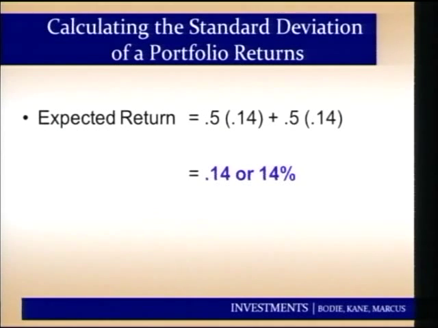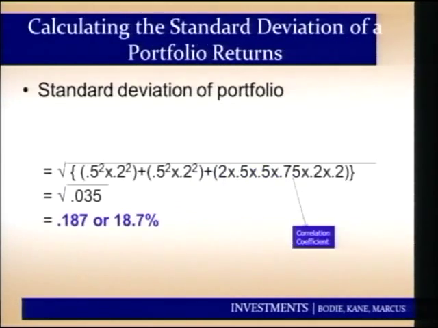So this is the expected rate of return, very simple. And look at the standard deviation. The standard deviation is 18.7%. Try 0.20 times 0.75.